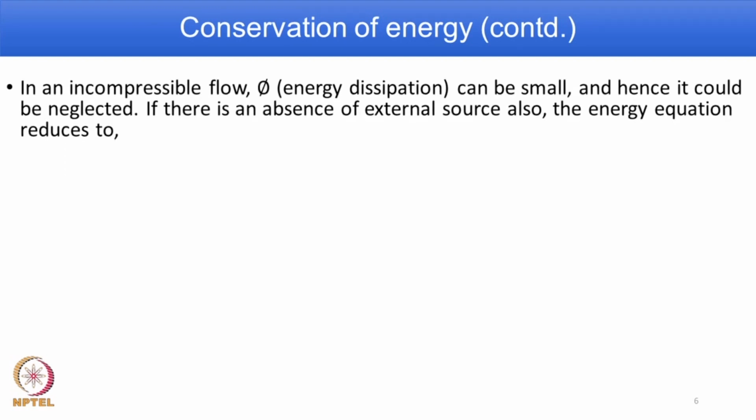So, in the case of incompressible flow, phi, which represents the energy dissipation, will be very, very small, hence the effect can be neglected from that equation. Similarly, if there is absence of external source, then energy equation gets reduced to only one term on the right hand side.